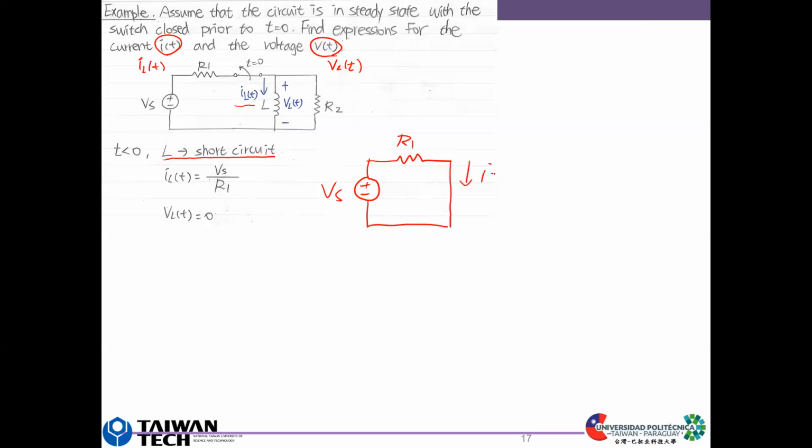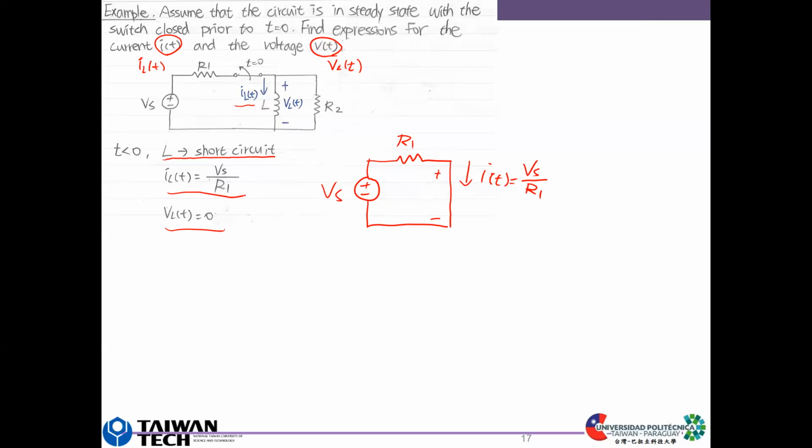So i(t) equals Vs divided by R1, and the voltage across it is just a wire, so the voltage is 0. So when t is smaller than 0, the current flowing through the inductor is Vs divided by R1, and the voltage across the inductor is 0 because it is a short circuit.